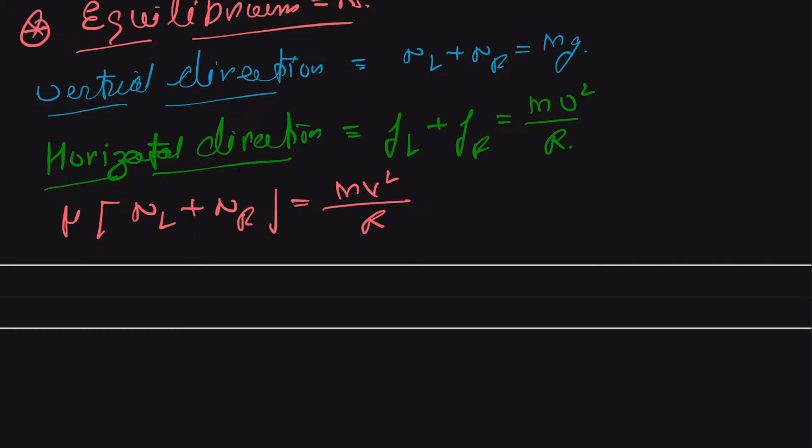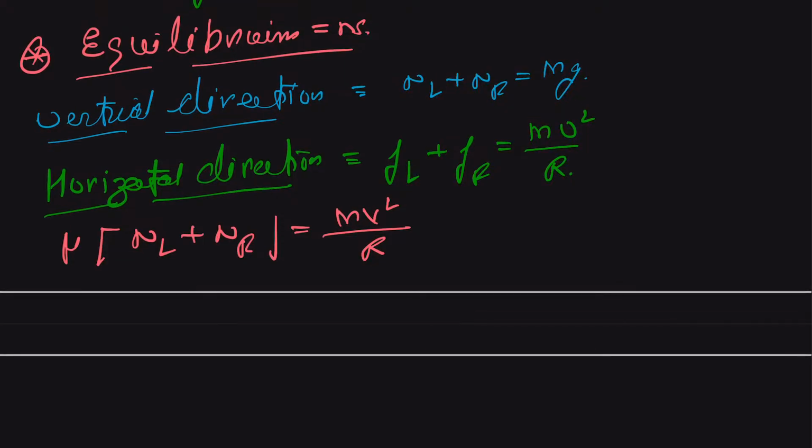And NL plus NR is equal to nothing but mg.